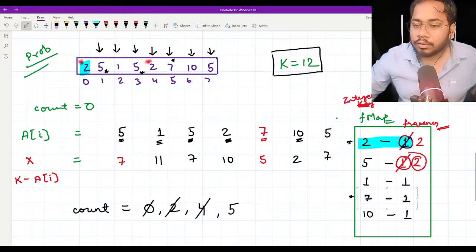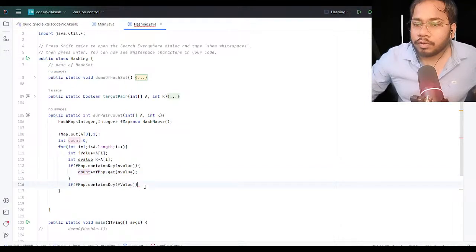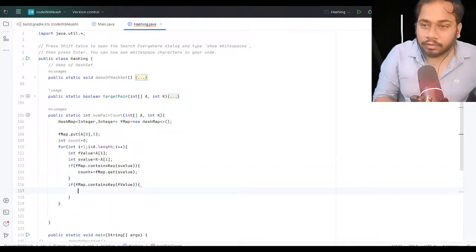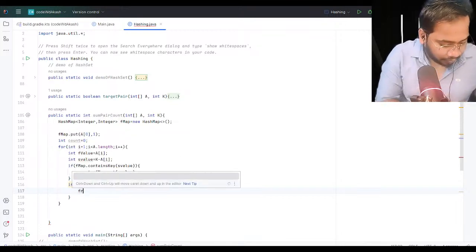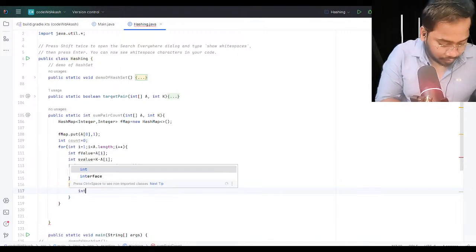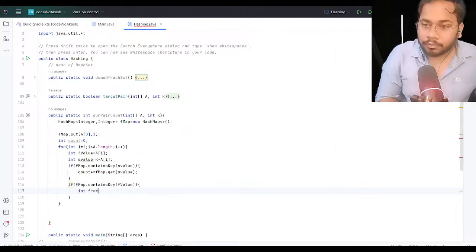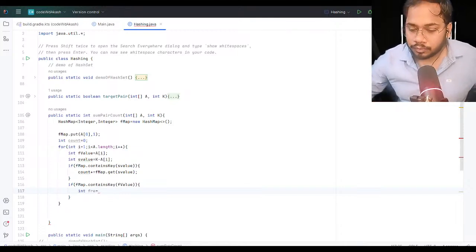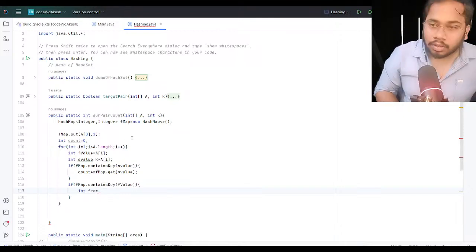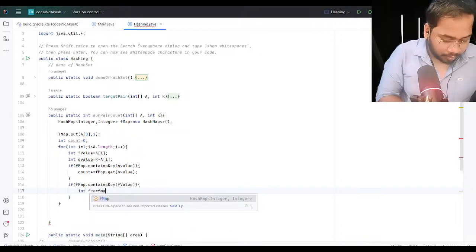So if that is present in the frequency map, what will we do? We will increment the frequency. So we will have int frequency equal to fmap dot get of the first value, so we get the frequency.